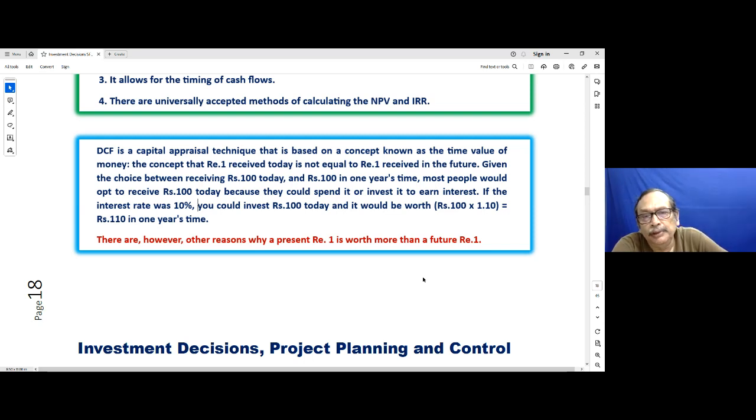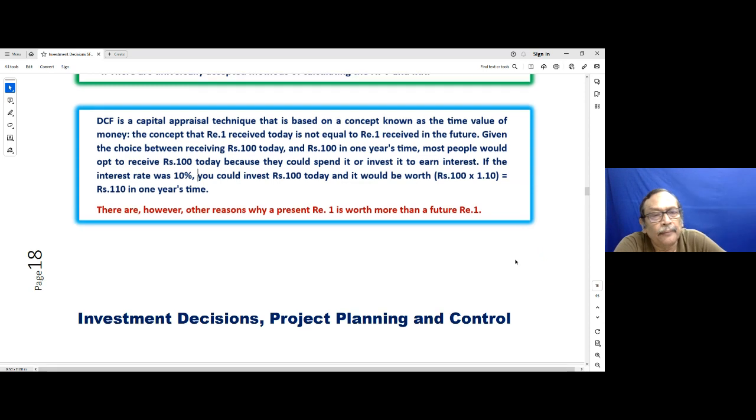Given the choice between receiving rupees 100 today and rupees 100 in 1 year's time, most people would opt to receive rupees 100 today because they could spend it or invest it to earn interest. If the interest rate was 10%, you could invest rupees 100 today and it would be worth 100 into 1.1, that is rupees 110 in 1 year's time.